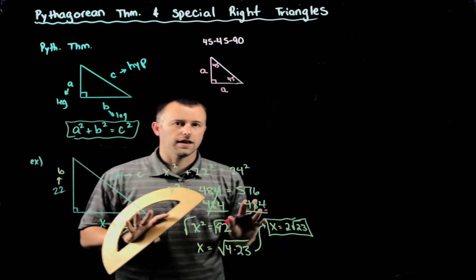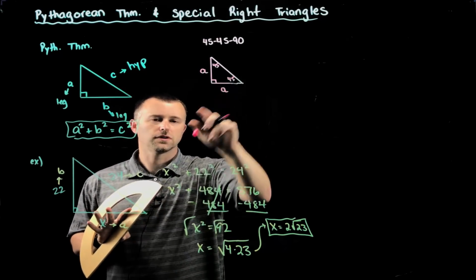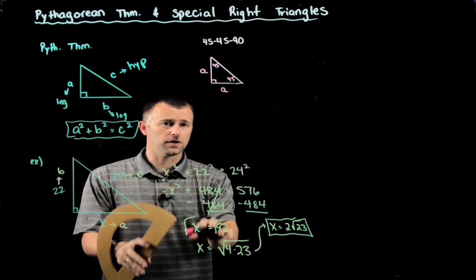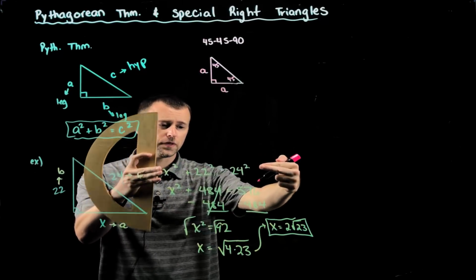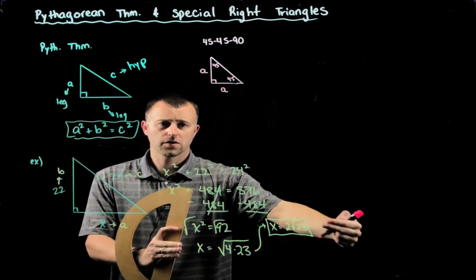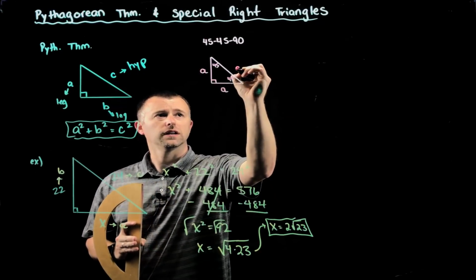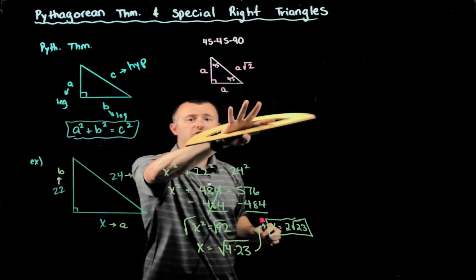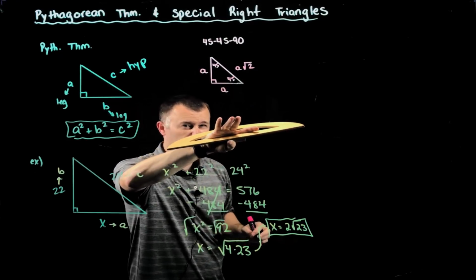So if both sides are A, I can prove this with the Pythagorean theorem. After you do the Pythagorean theorem and apply your radicals to simplify, you're going to get a square root of 2 for your hypotenuse. You must know this. This is extremely important.